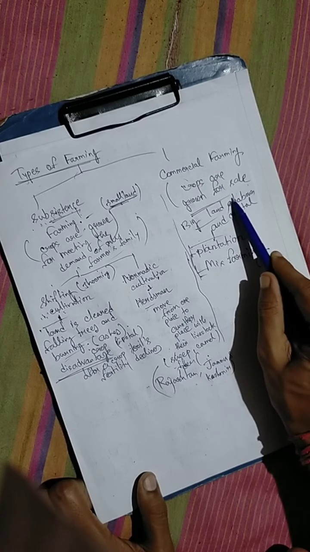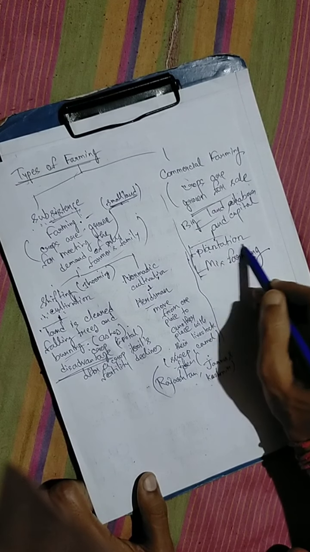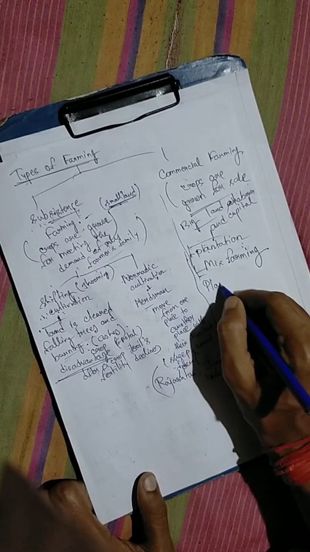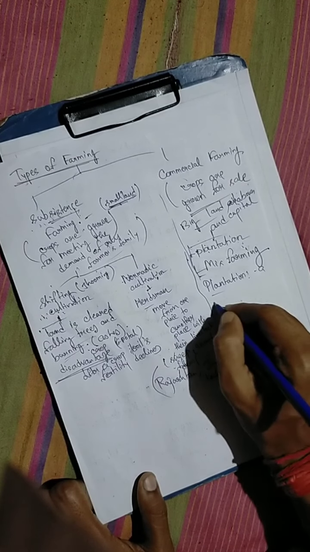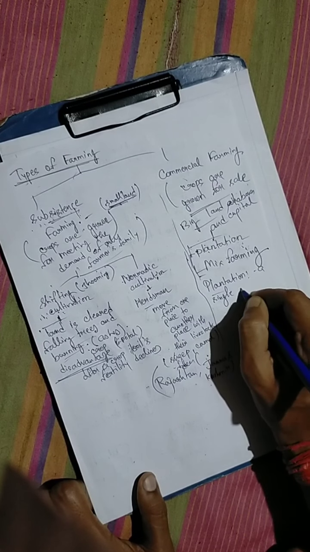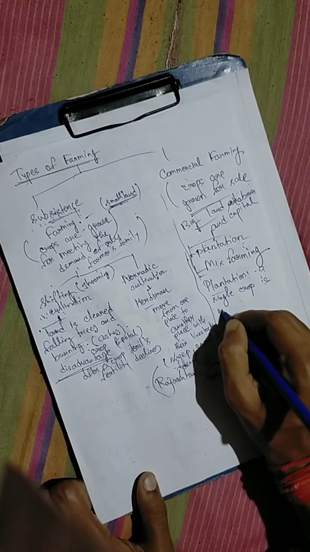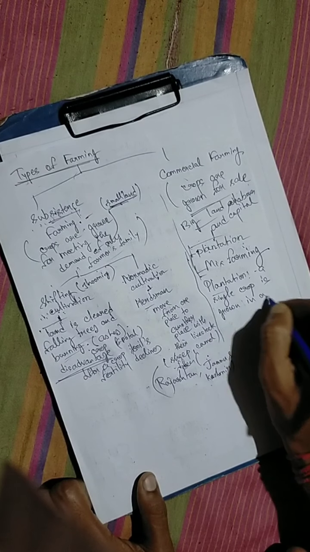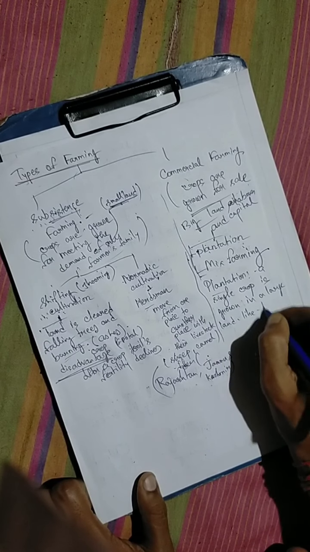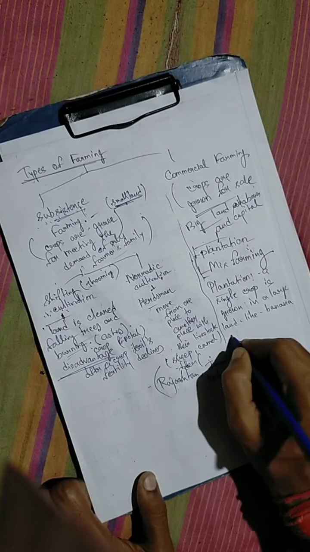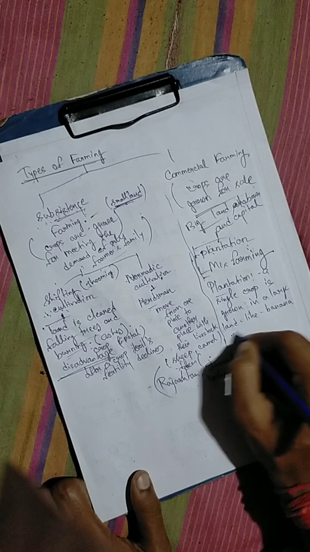So in commercial farming, there are mainly two types, plantation farming and mixed farming. In plantation, a single crop is grown on a large land, like banana.